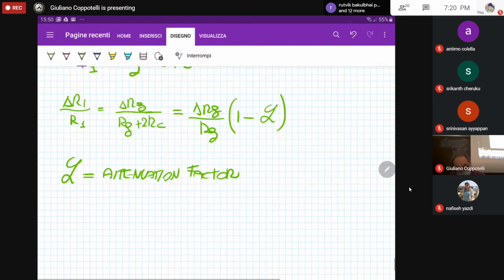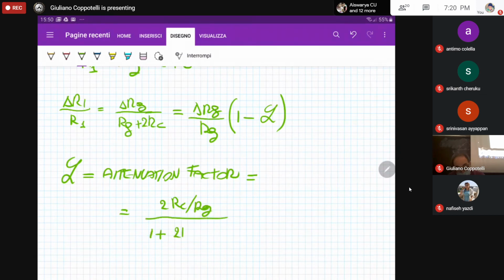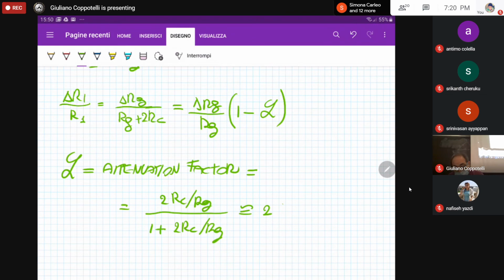That is given by 2Rc over Rg divided by 1 plus 2Rc over Rg. Just simply put that and you can find by yourself the value of the attenuation factor. That has also an approximated expression that is much easier to remember, 2Rc over Rg.